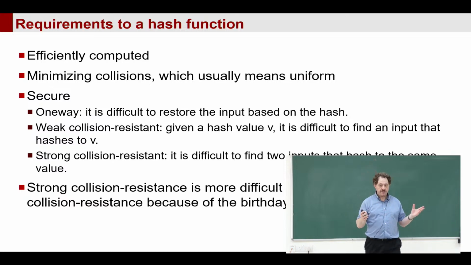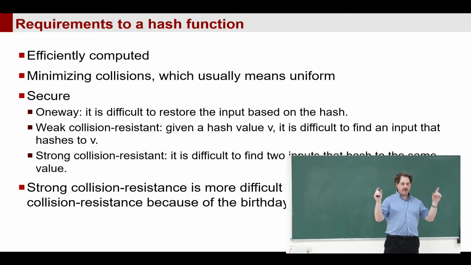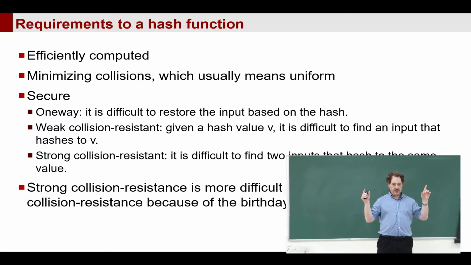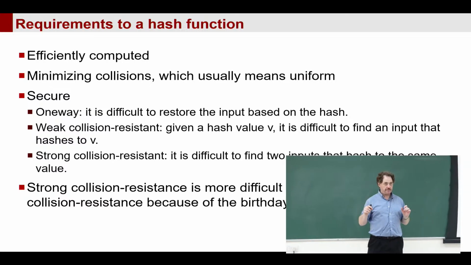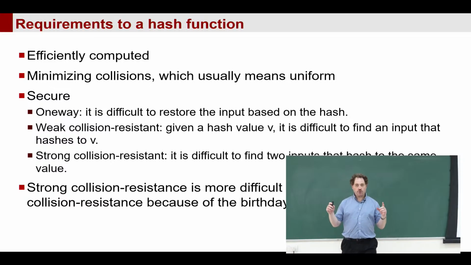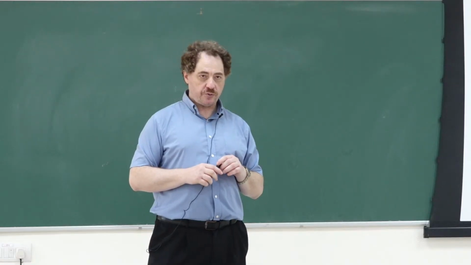In that case, multiple values of the input would be mapped by the hash function to the same output. That's necessarily the case because the output space is smaller than the input space. So if two different values of input map to the same output, that's called a collision. And it's not a good situation.